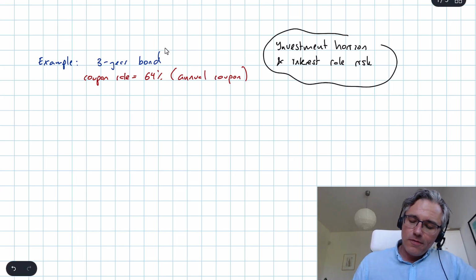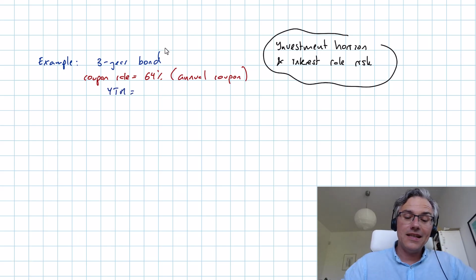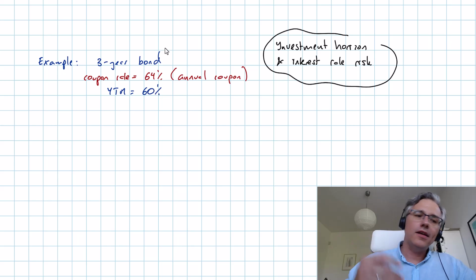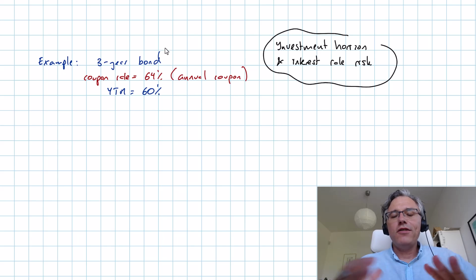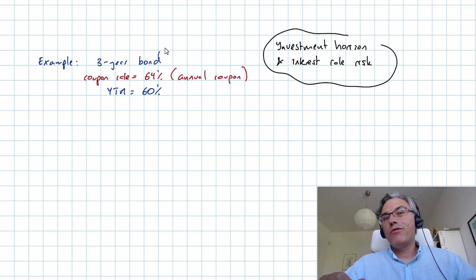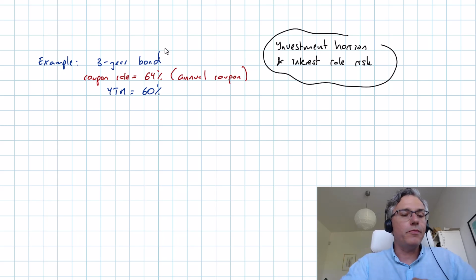And what is more, the yield to maturity on this bond is going to be 60%, so very close to the coupon rate, nevertheless slightly below. So from that relationship of the coupon rate and the YTM, the yield to maturity, you can probably already guess that we're going to have a bond which currently trades at a premium to its par value.